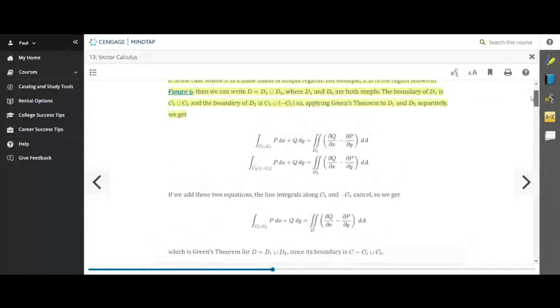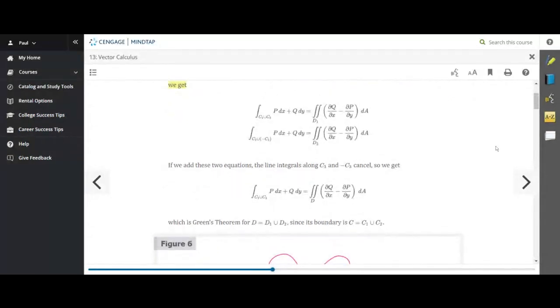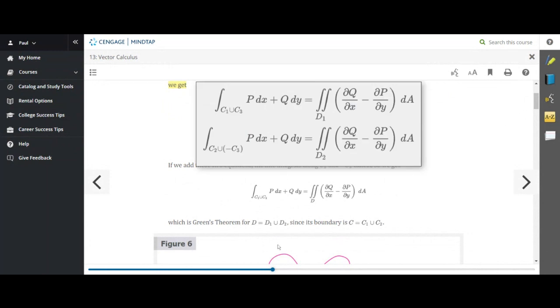I wish I could show this all, but these would be the line integrals for C1 union C3 and C2 union negative C3.